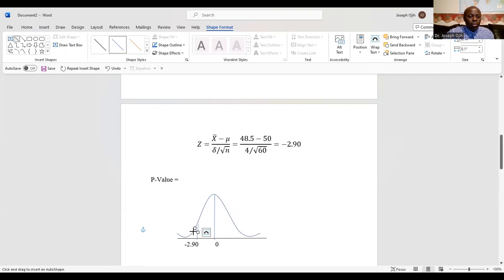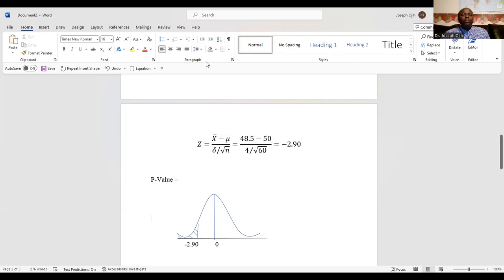And I remember I told you that when it's at the tail, you will subtract the answer we get from the table from 0.5. So whenever it's at the tail, we subtract whatever answer we get from the standard normal distribution table from 0.5.